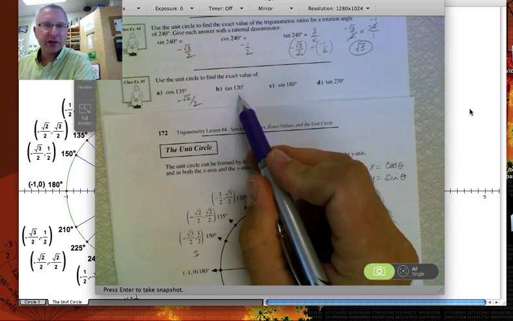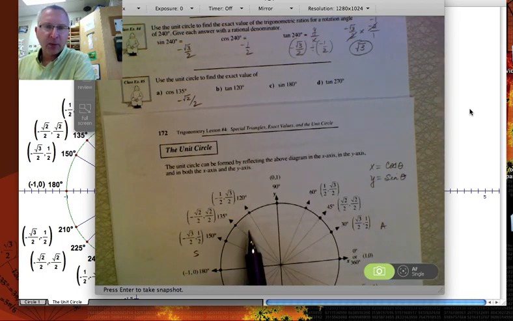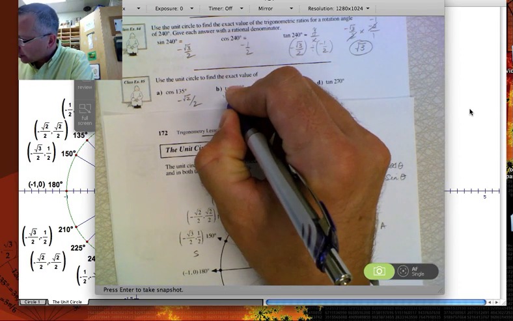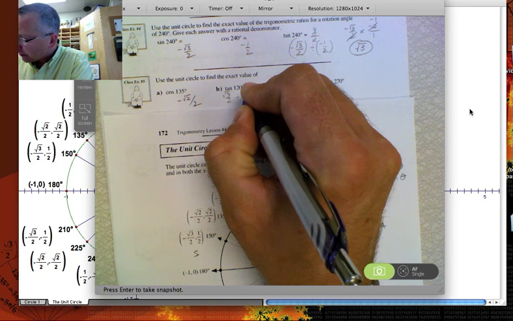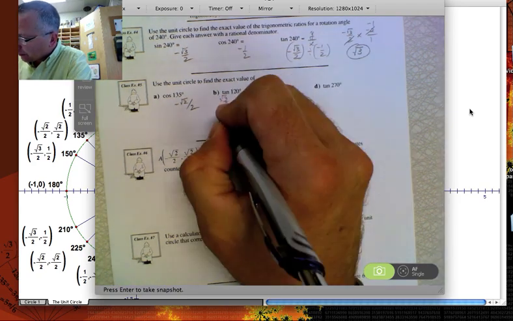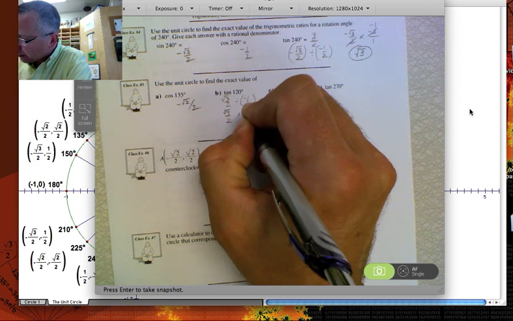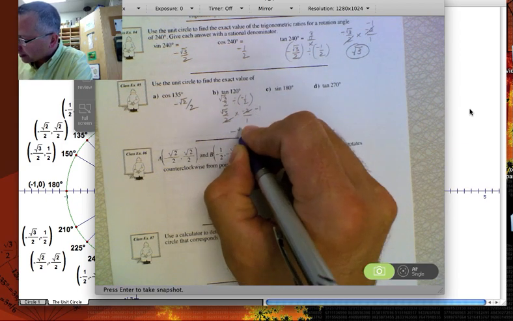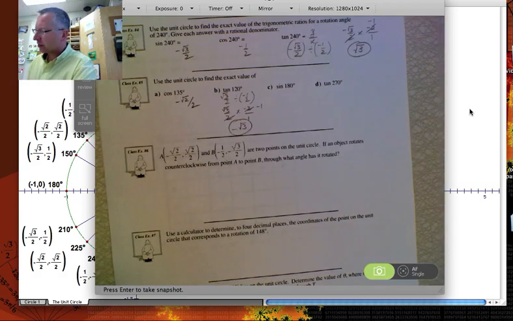If we look at the tangent of 120, well, 120, the y coordinate is root 3 over 2, the x coordinate's negative a half. So we have to take root 3 over 2, divide it by negative a half. And if we work this out, we get root 3 over 2 times negative 2 over 1, and this gives us negative root 3 for tangent.